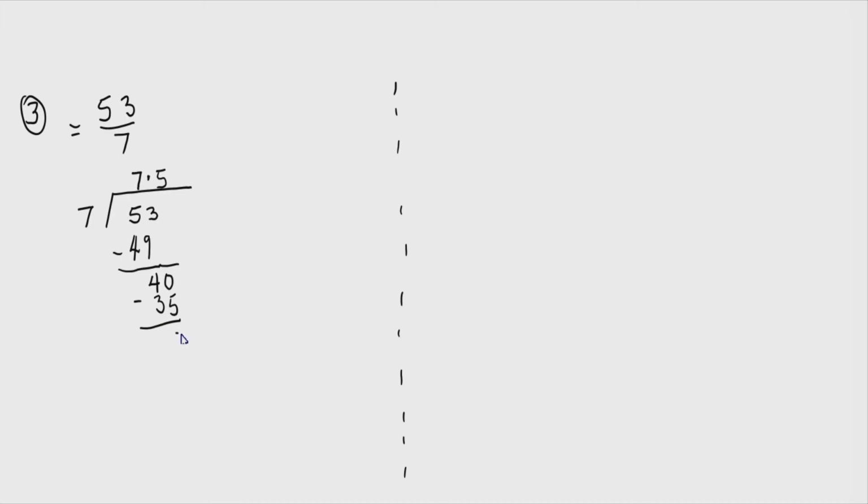And here we're going to have 5. Again, we're going to add a 0 to that. Now 7 and 50 will be no different from what we got here, which is 49. So that's a 7. And 7 times 7 is 49.